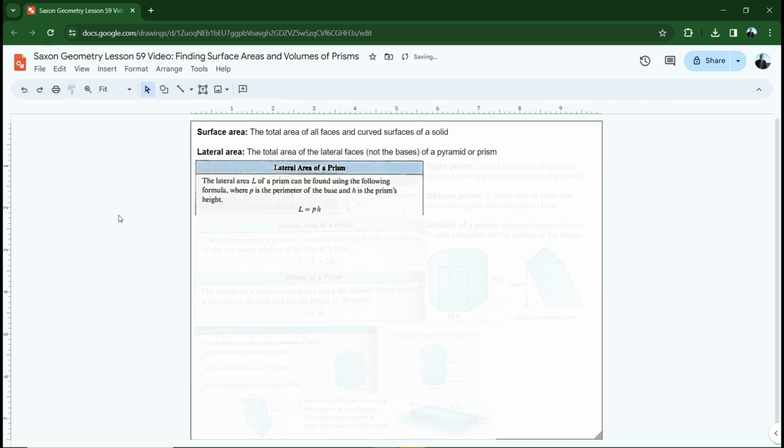For a prism, the lateral area is found by finding the perimeter, P, and then multiplying the perimeter times the height. That makes it a lot easier because now we're not adding together different faces. We're just finding the perimeter of one of the bases and then multiplying times the height. That'll always give you the lateral area.